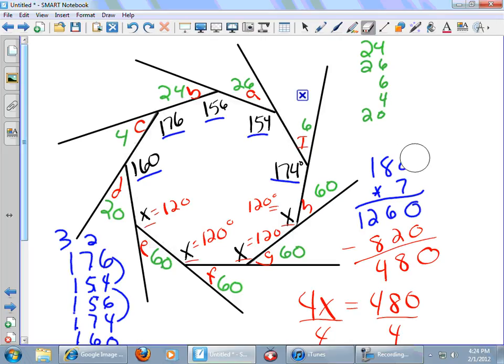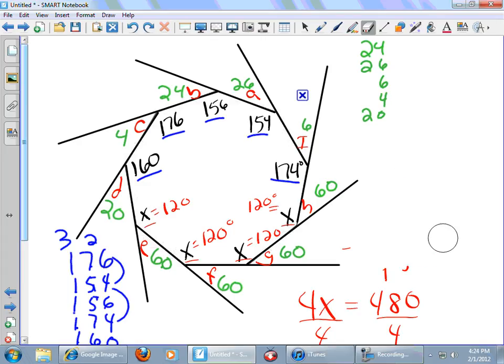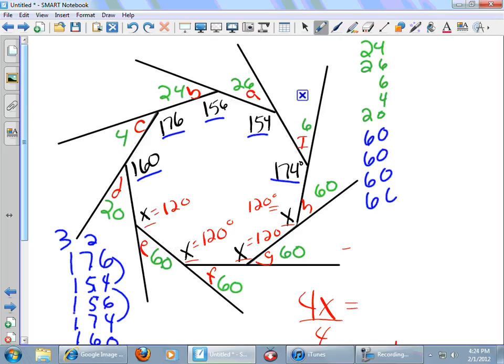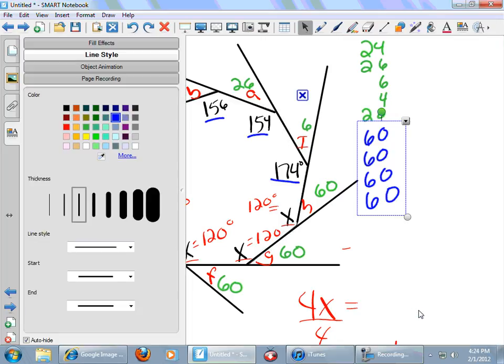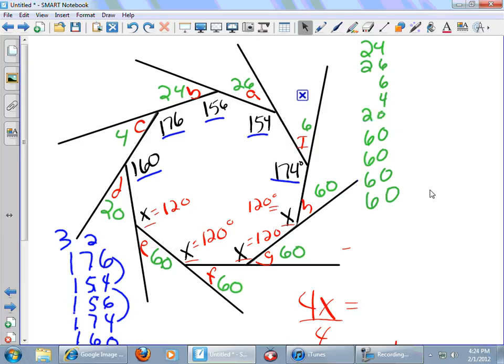Better give myself a little more room to work here. Don't you ever erase work, just move to another part of the board. So, 1, 2, 3, 4 60s, and you're probably going to be upset that those aren't green, so hocus pocus. I love my smartboard, and there they are green.